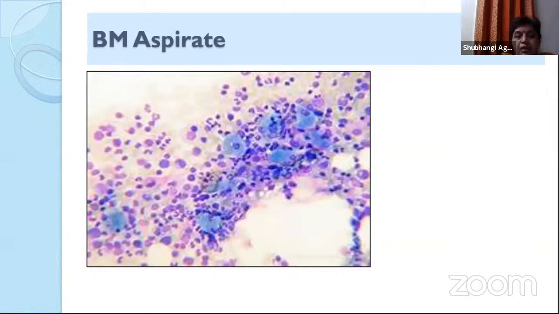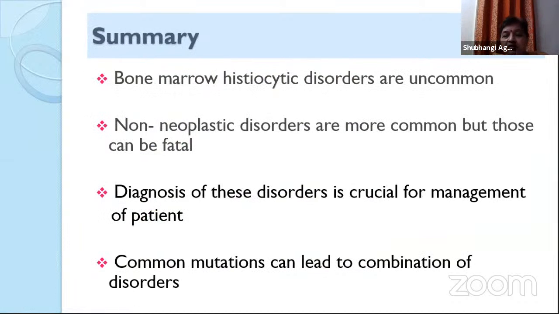Secondary sea blue histiocytosis is more common. So to summarize, the bone marrow histiocytic disorders are uncommon, but they are known to occur in many patients. The non-neoplastic disorders are more common, but they are also as fatal as neoplastic disorders, because they can involve multiple systems at the same time.